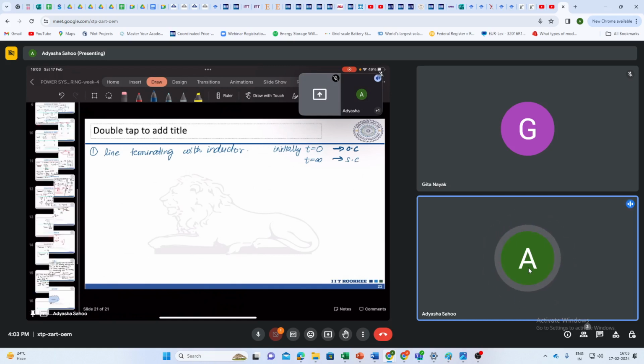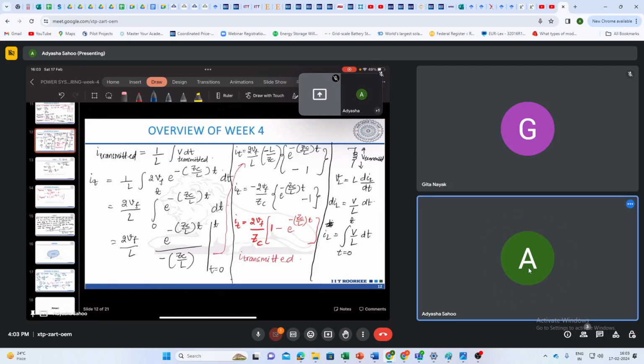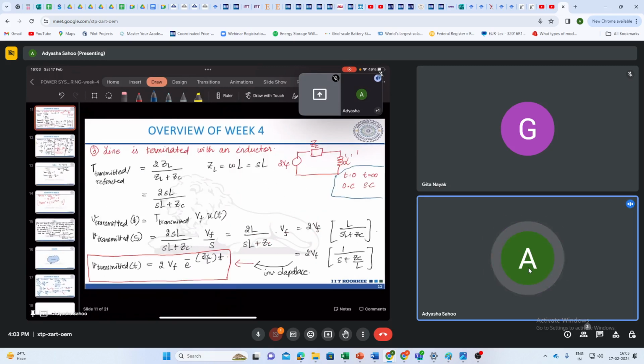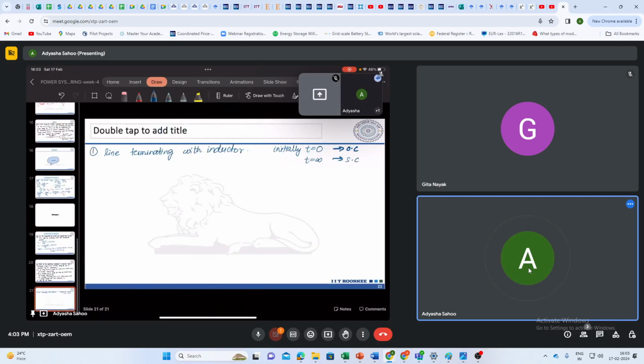And we also derived the expression for voltage here. So V transmitted was 2Vf e to the power minus Zc by L times t.